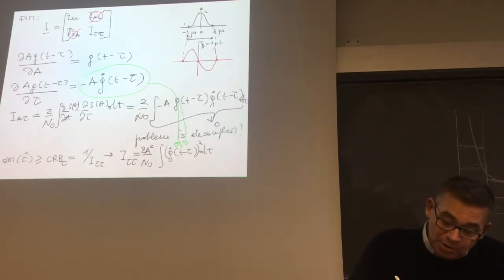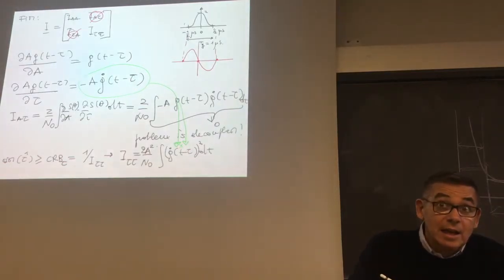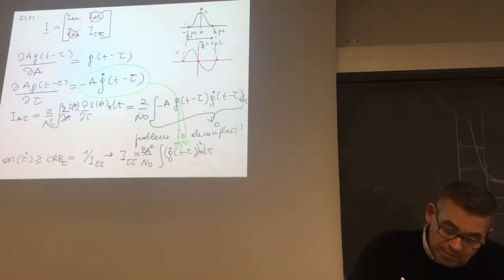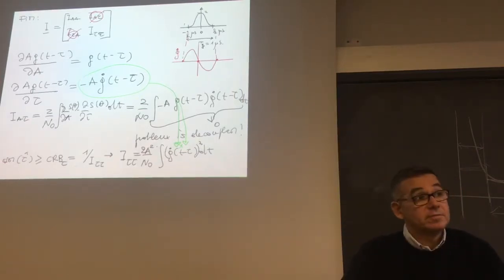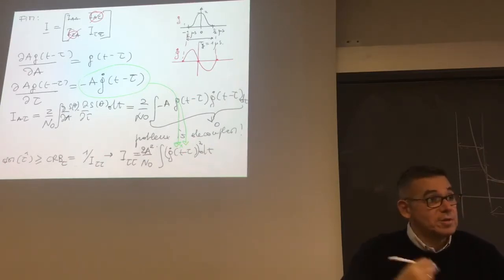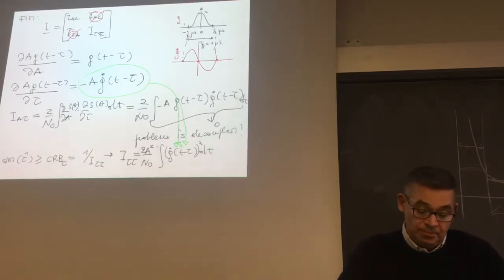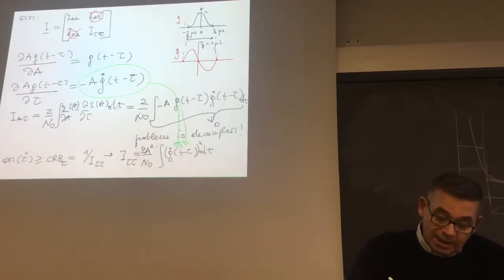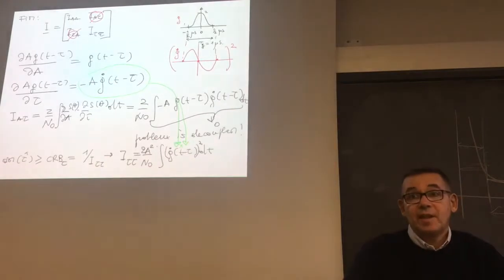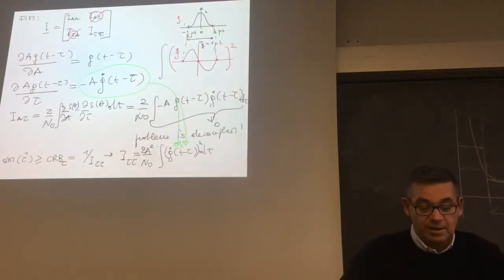Now you need to take this one, because this one is g and that is g prime, the derivative of g, to the square. Then I need to take this one to the square and integrate dt.